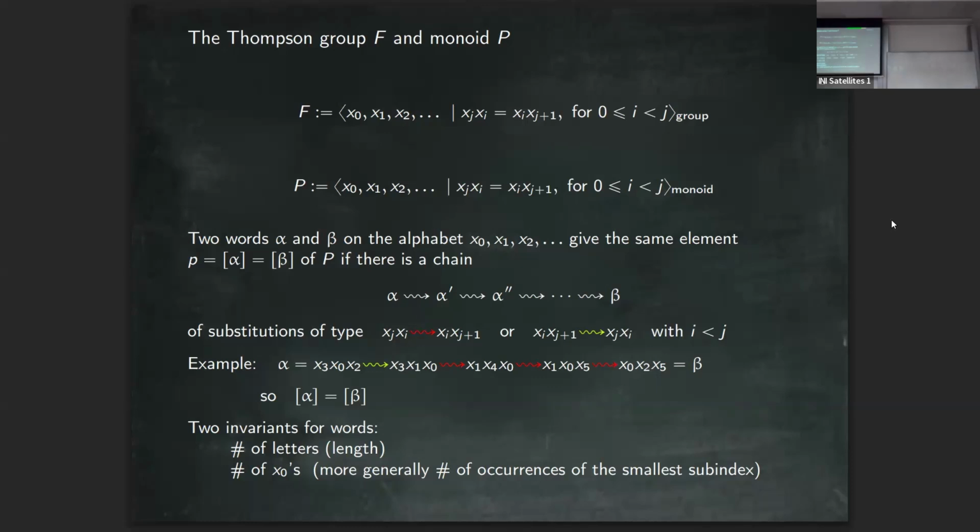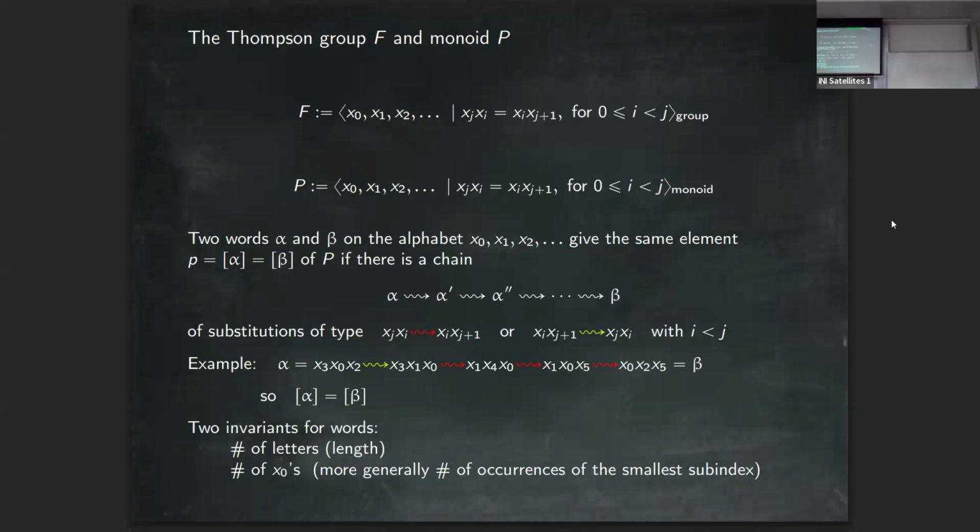To decide whether two words in the alphabet x0, x1, etc., give the same element, you have to produce a chain of substitutions of this kind, either red or green, that goes from one word to the other. And if you can link those two with a chain, then they are the same element in P. I indicate that by the square bracket.